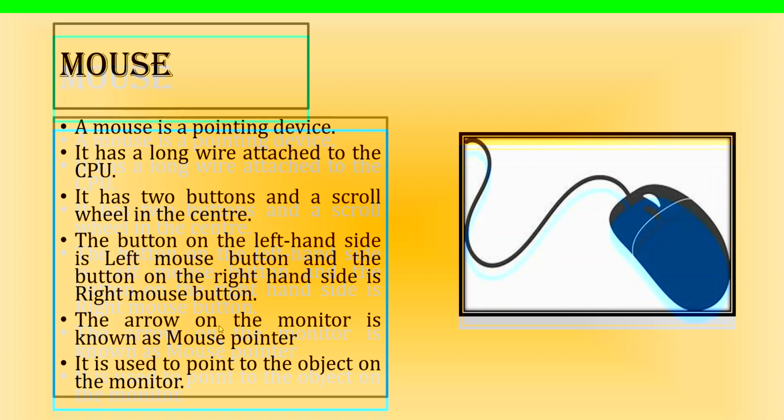The arrow on the monitor. This is the arrow. You can see on my screen the white pointer, and that pointer indicates the arrow. The arrow on the monitor is known as the mouse pointer.